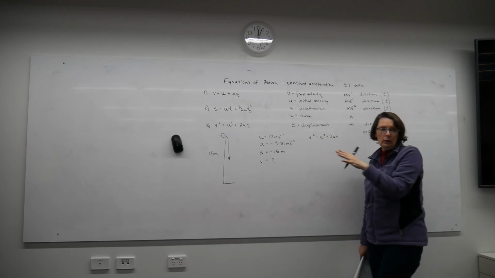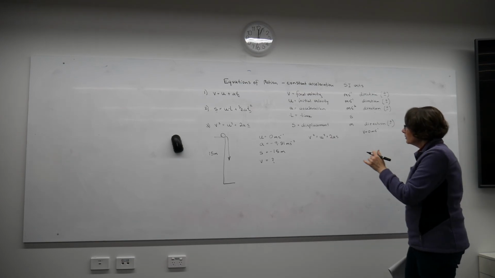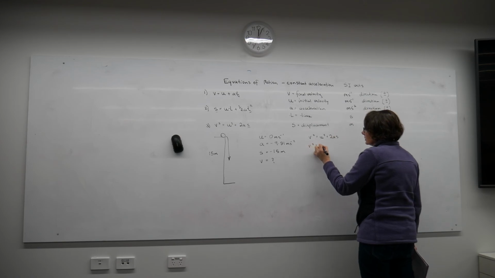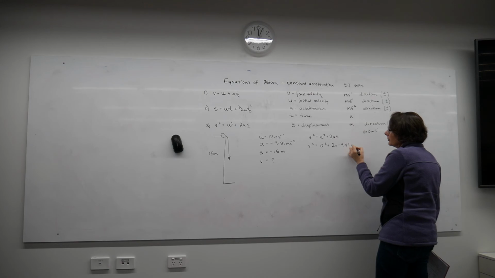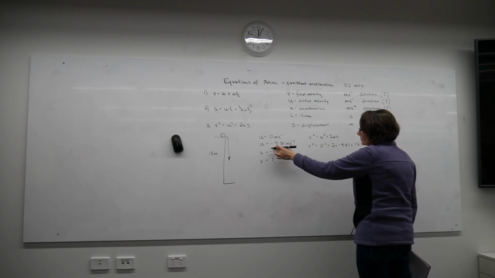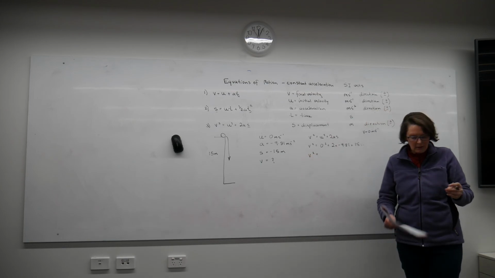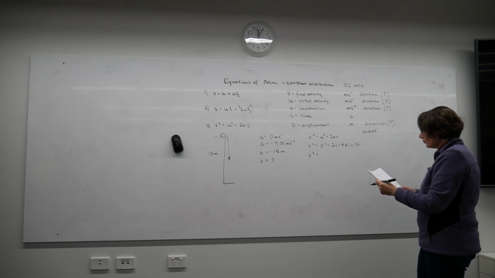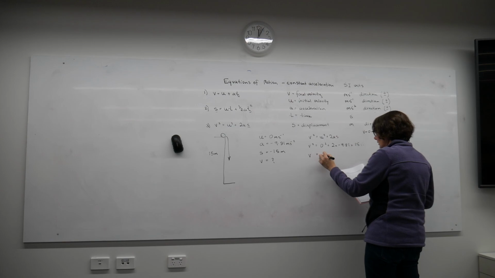I don't need to do any rearranging. V squared is equal to 0 squared plus 2 times minus 9.81 times, in actual fact, these get lost with the squaring, don't they? Our sample answers have just given us the answer.